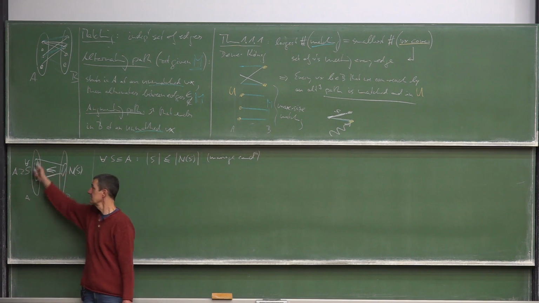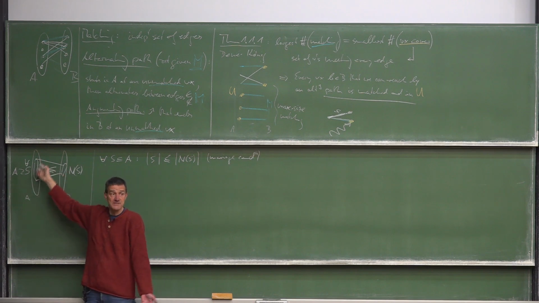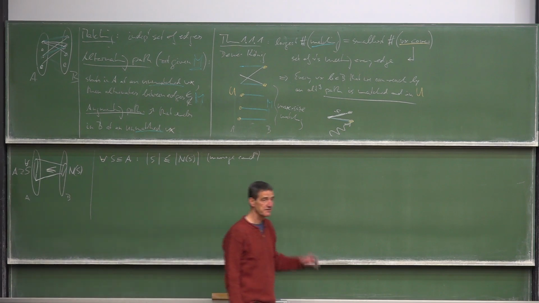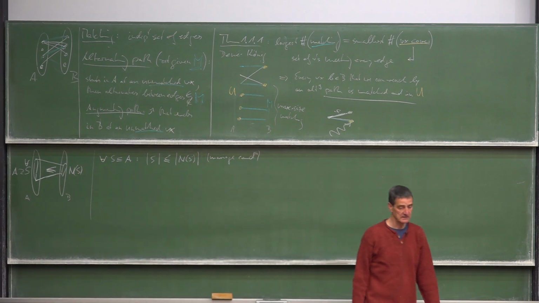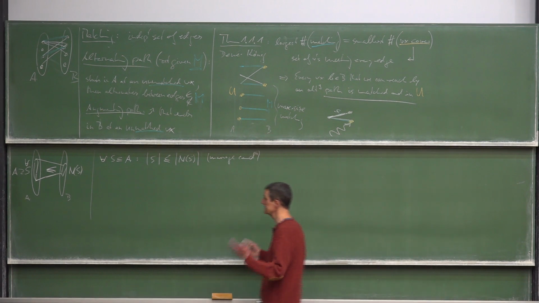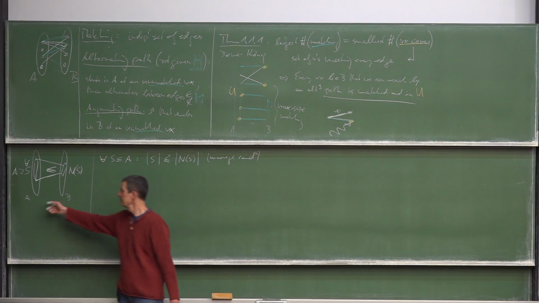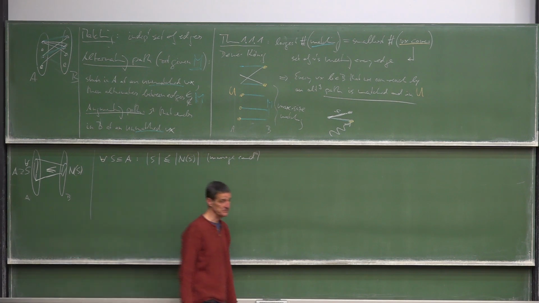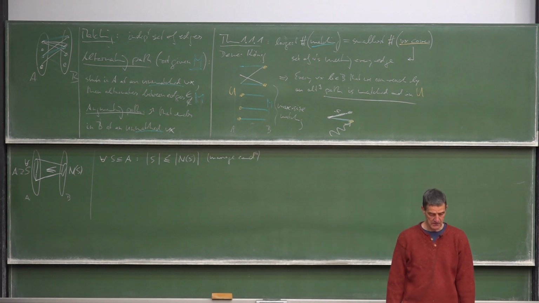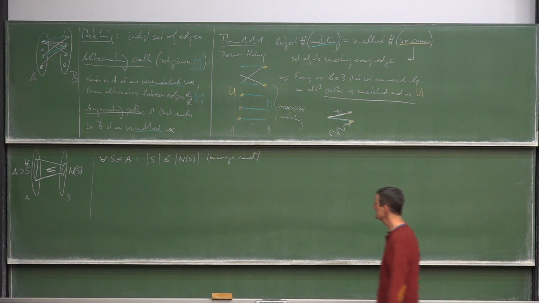You can find a subset of A and just count the neighbors, and then you will see that there are not enough neighbors just for that subset. So the theorem asserts that a possible certificate is always present if matching all of A fails. Okay. So, theorem.